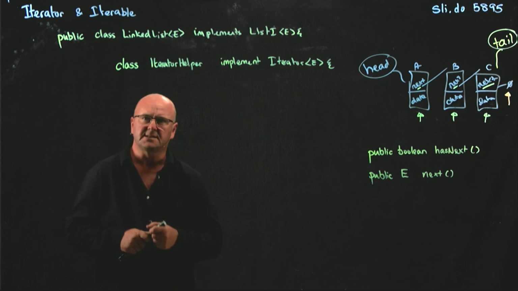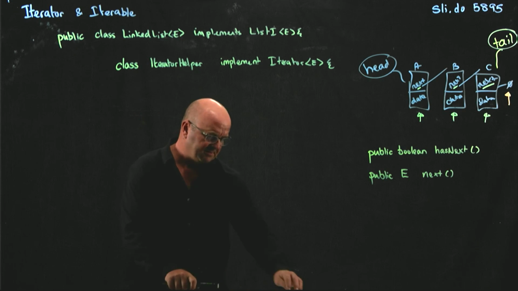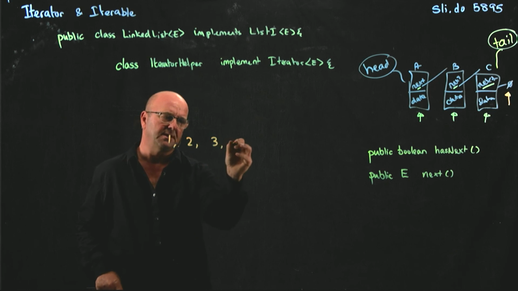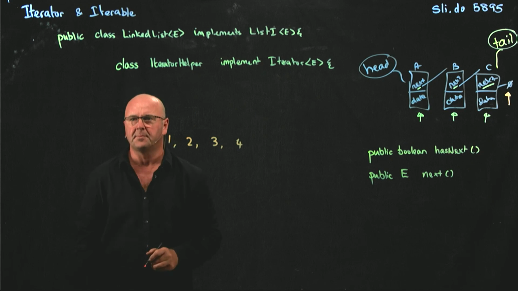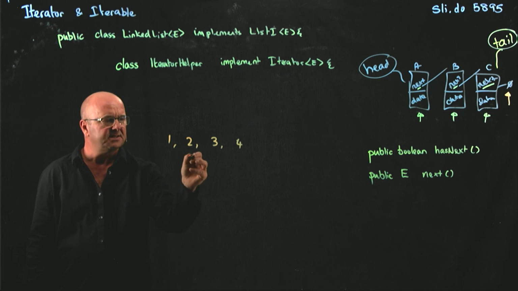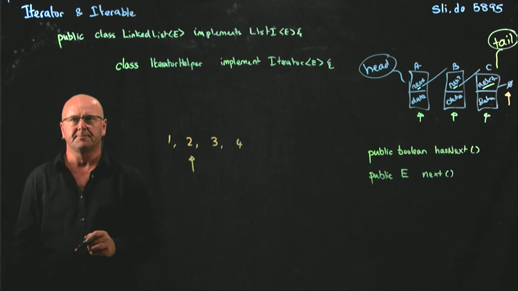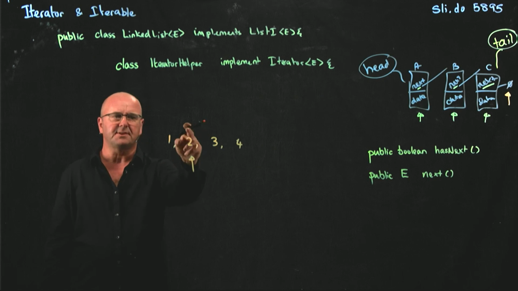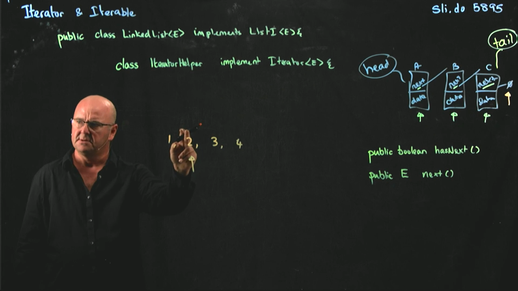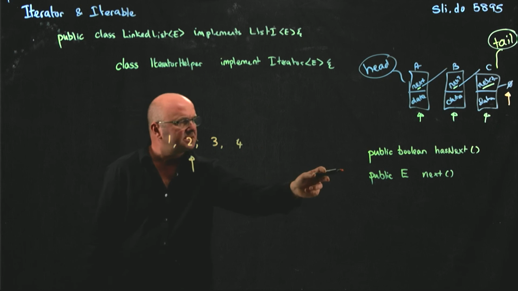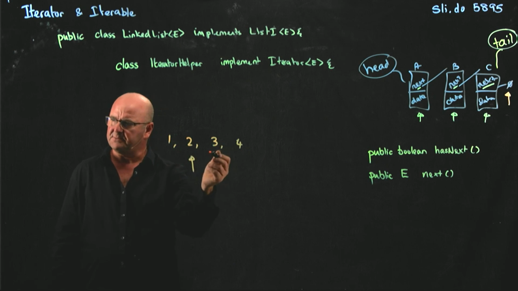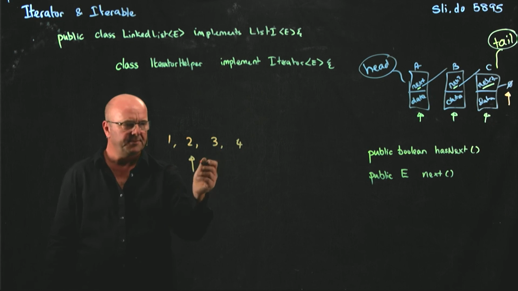If I have a list, let's say I have a list of numbers, 1, 2, 3, 4. If my pointer is at number 2, hasNext will return true because I have something to return, the number 2. When it calls next, I'm going to return the number 2 and I'm going to move the pointer forward. Okay?